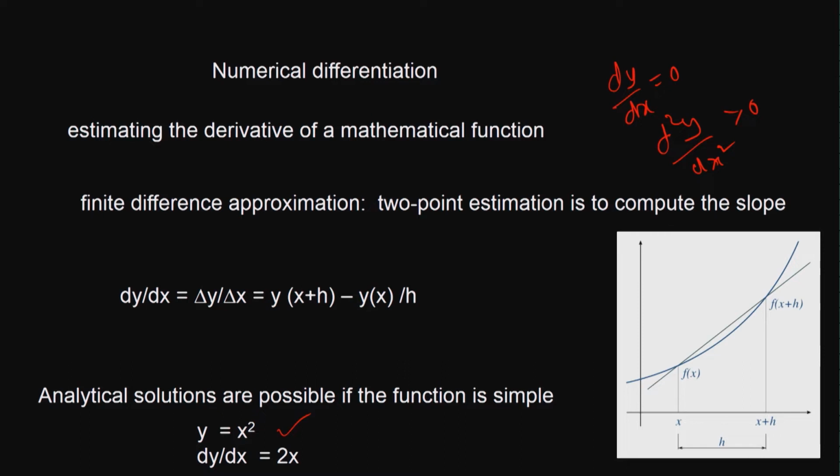But then imagine a function which has got very complicated independent variables in the numerator and the denominator. So, it is not possible to do analytically, and for computers they have to calculate these dy by dx using numerical techniques.